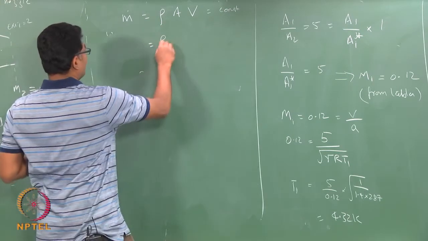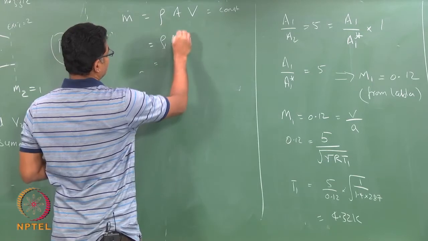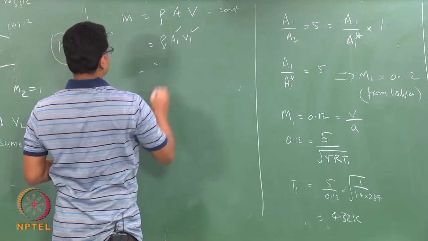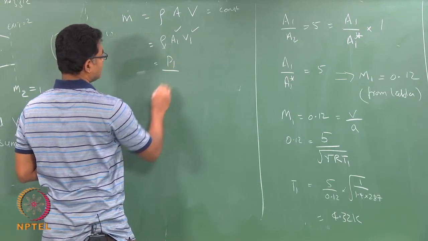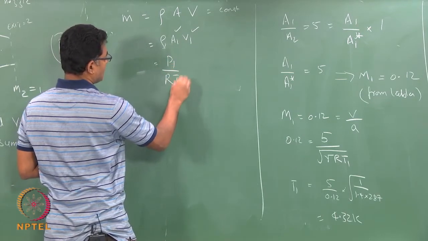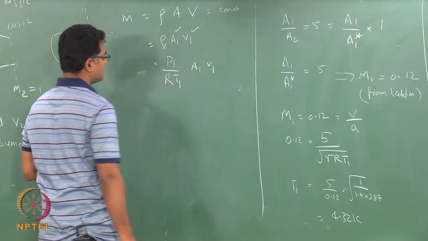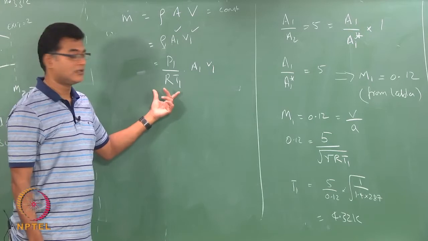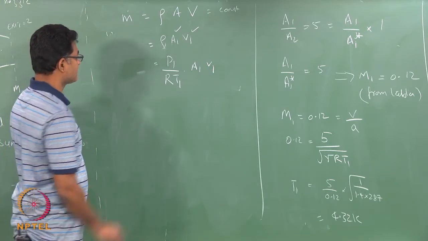So, it would be rho 1 A 1 V 1. So, we know A 1, we know V 1. So, only thing that is missing is rho 1, which we can write as P 1 by R T 1 into A 1 V 1, assuming ideal gas equation to be valid here.